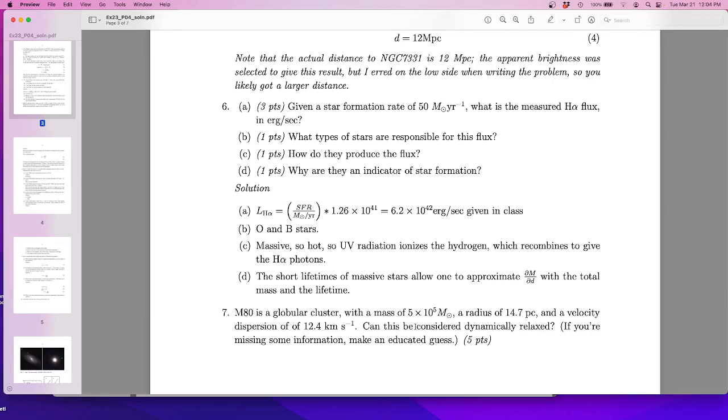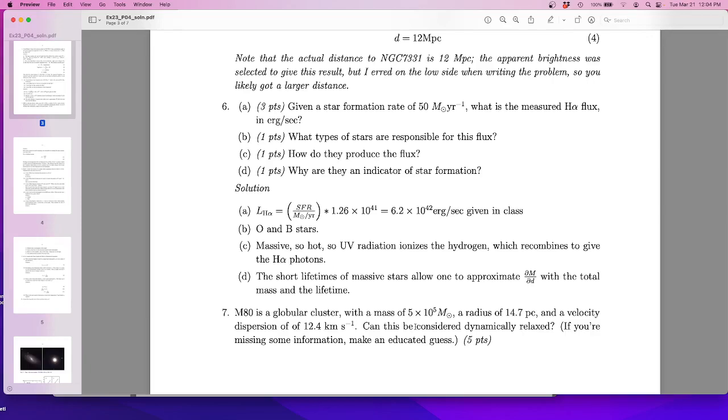So the quickest thing to do is to say sigma equals 12.4 kilometers per second, and the square root of GM over r gives you 12.1 kilometers per second. It's basically the same. So using the virial theorem, this is a virialized object, so it is reasonably relaxed.